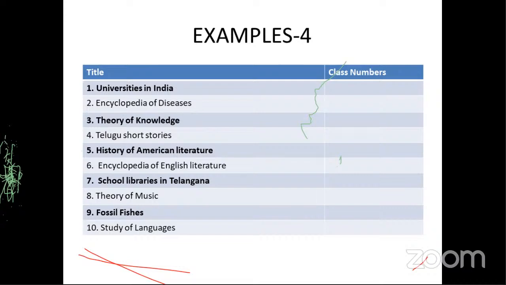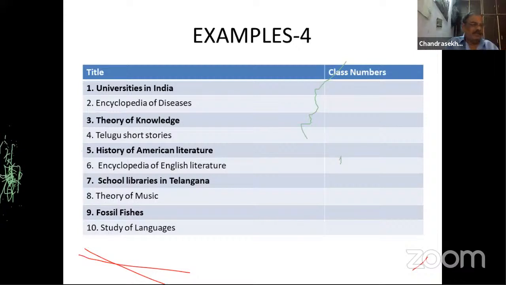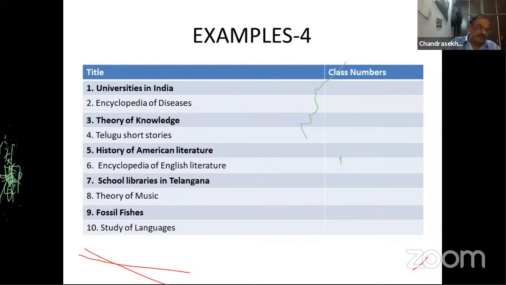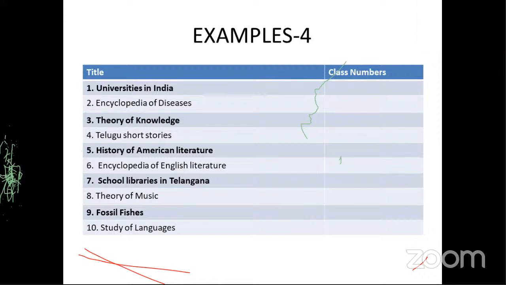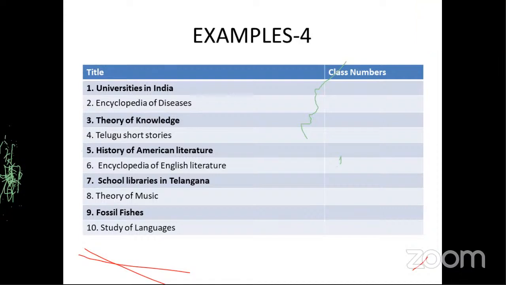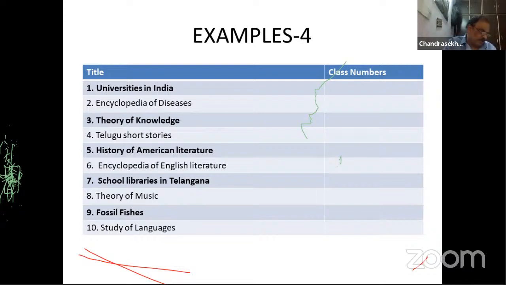Let us see under 616 and confirm whether there is any instruction there. Yes, 616 is diseases. Here 03 is encyclopedia. 0.001 to 0.009 are standard subdivisions.